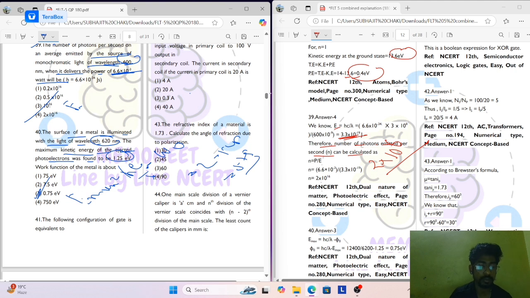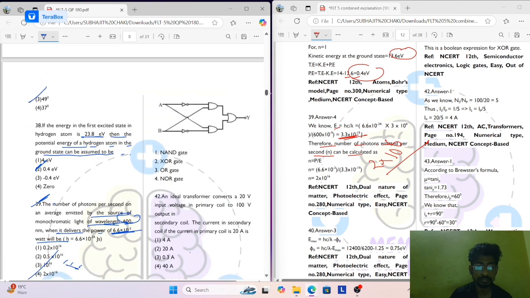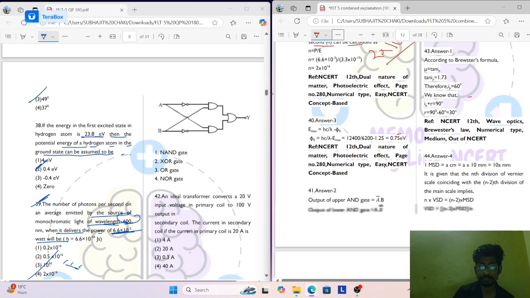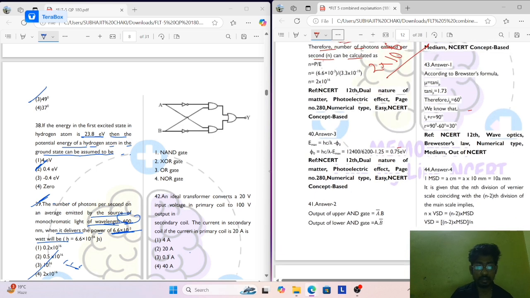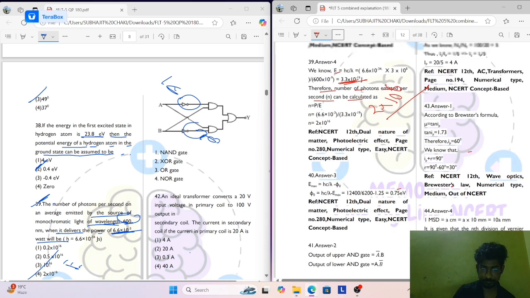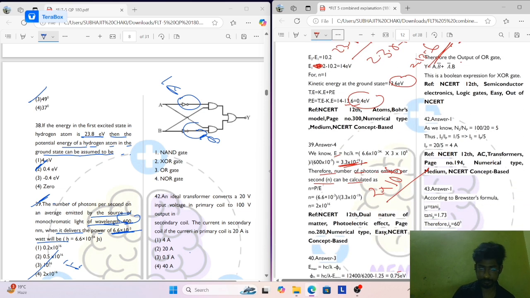The following configuration of the gate is equivalent to, yeah, option 1. First AND gate, this AND gate, A bar, B bar. Now this is connected to this.